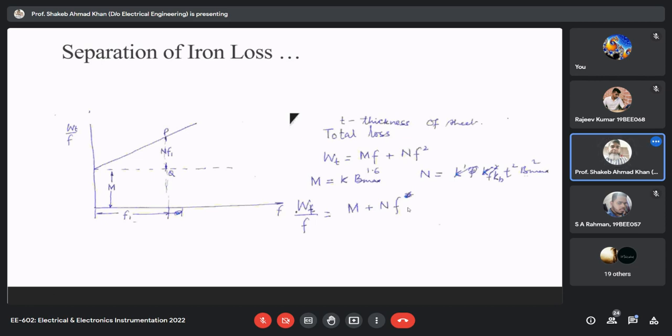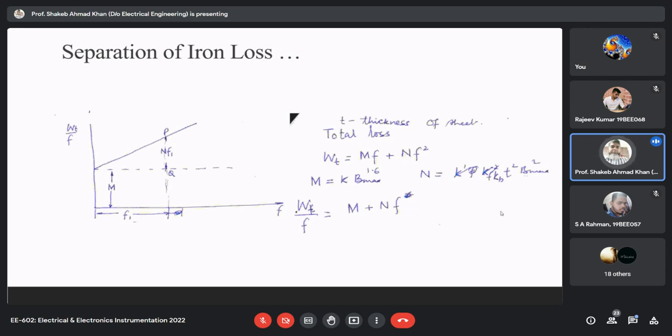So you have to make sure, as a prerequisite, that your flux density remains constant while you are varying the frequency of the supply. For this you have to keep the V by F ratio constant while varying the frequency.